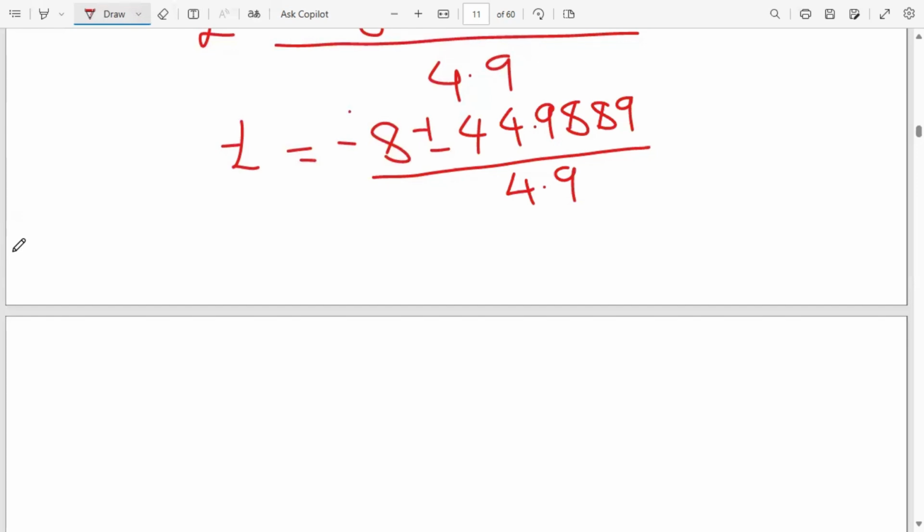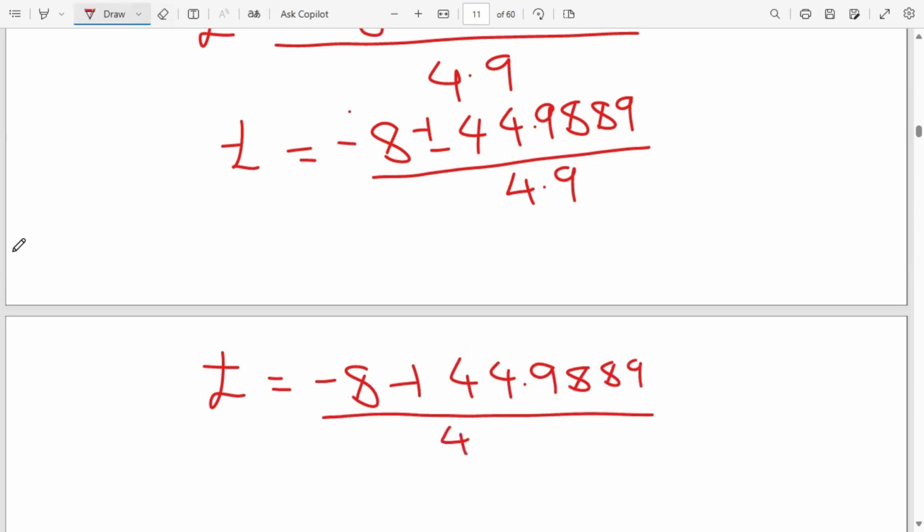So we're going to say t will be equal to negative 8 plus 44.9889 over 4.9.